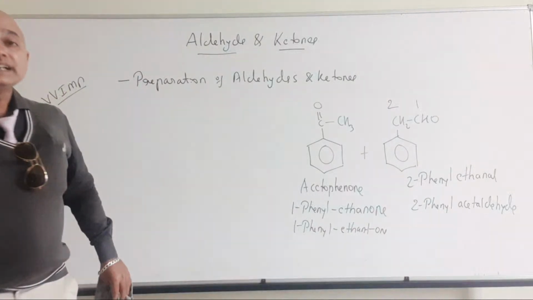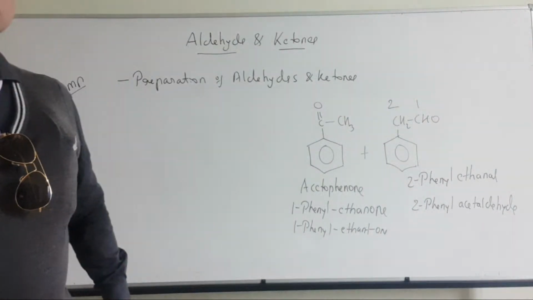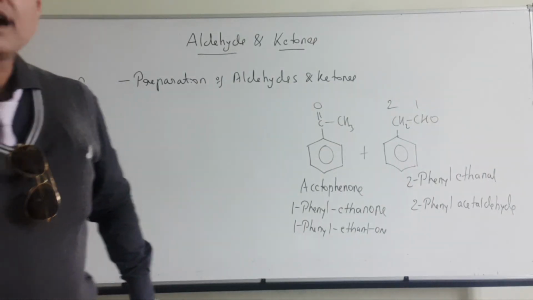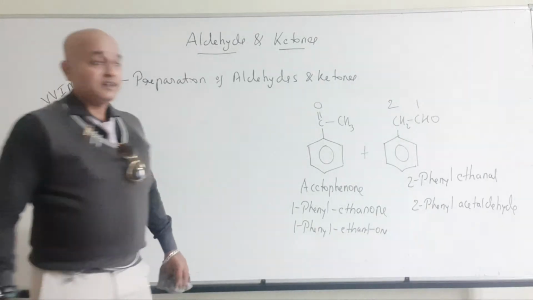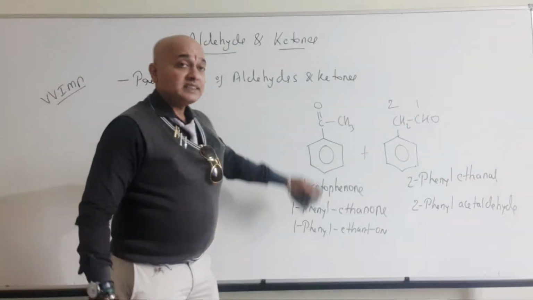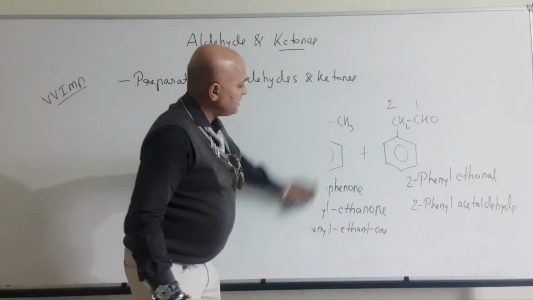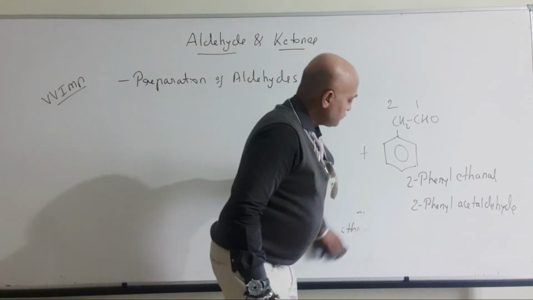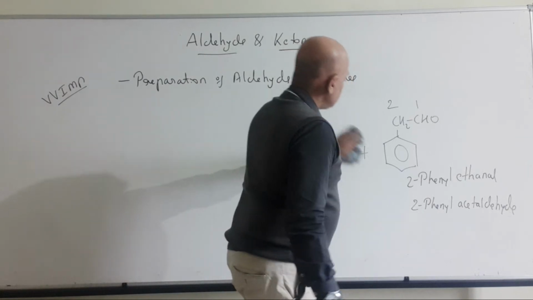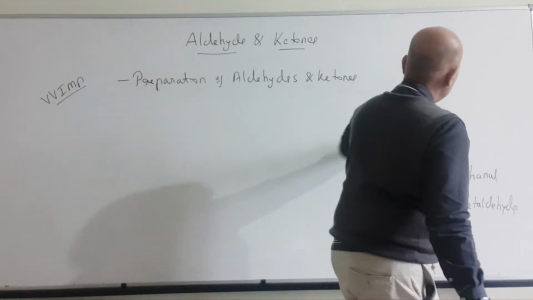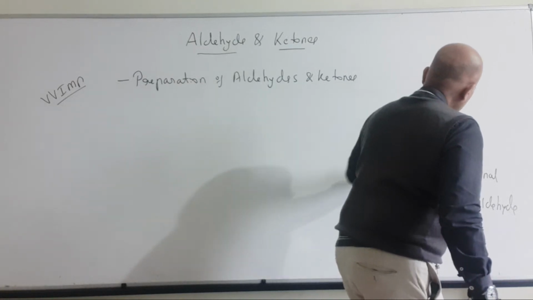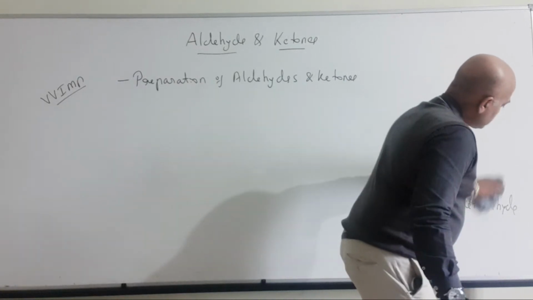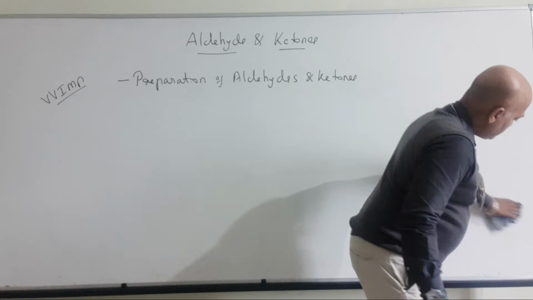So that means Etard reaction is meant for the synthesis of benzaldehyde only. Naturally, when I am telling benzaldehyde, it should be toluene only, the reactant which will be utilized. Any doubts with regard to Etard's reaction?